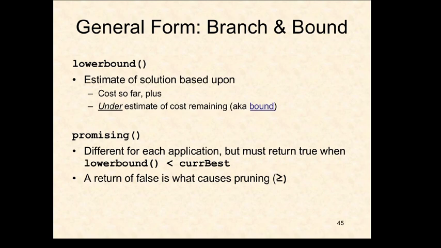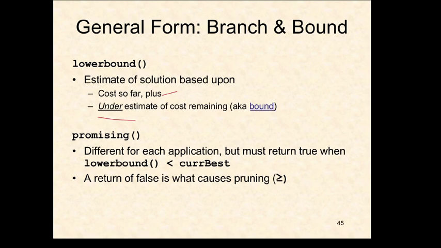If the unvisited is small, promising will just say true. But if the lower bound function returns the estimate plus the cost so far, and that lower bound cost is less than the best so far, promising says true, otherwise promising says false.